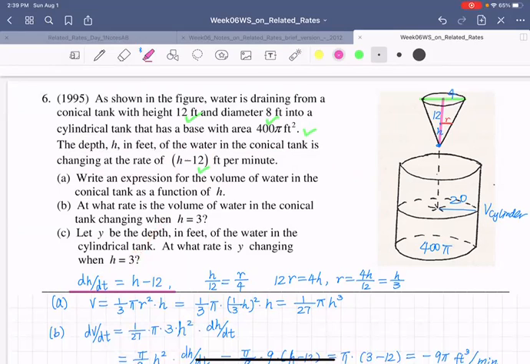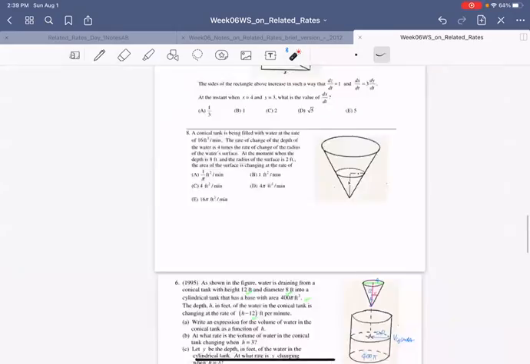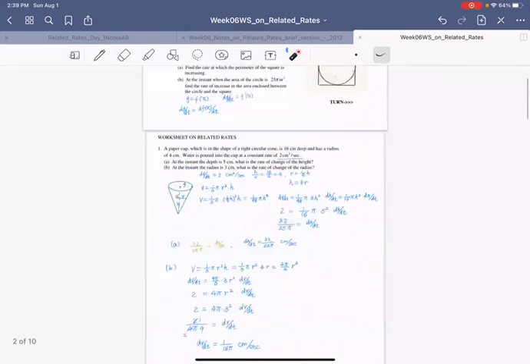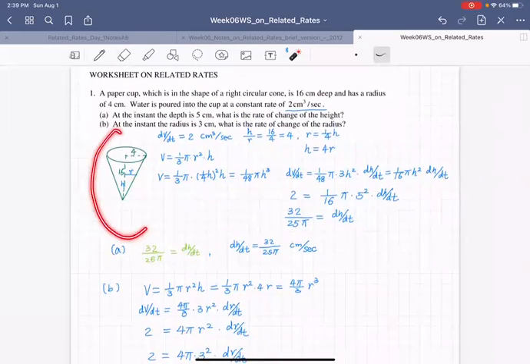Now, A. Write the expression for the volume of the water in this conical tank as a function of h. Now look here. As in the first question at the very beginning of the class, you have a cone.